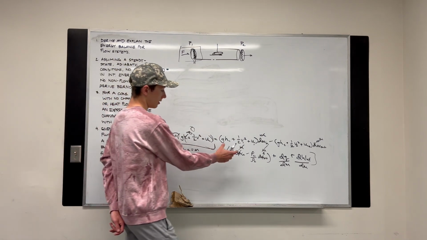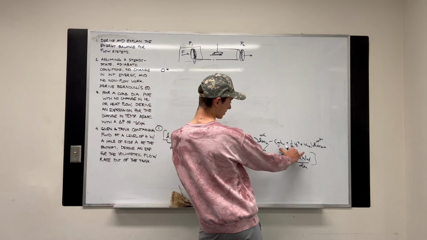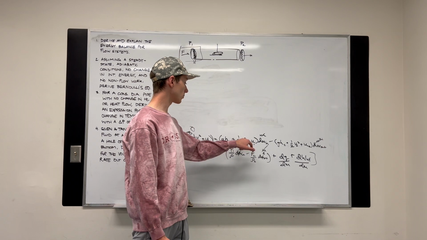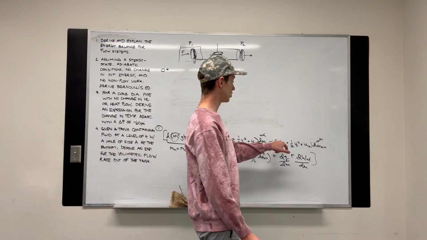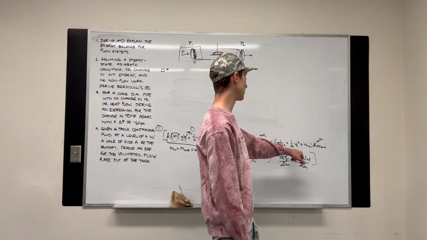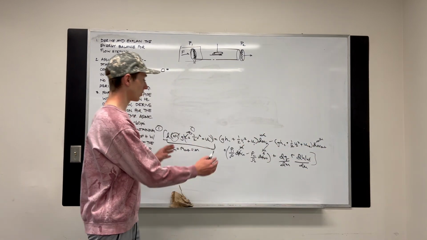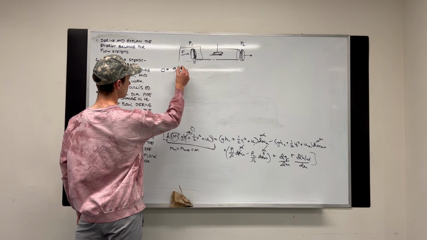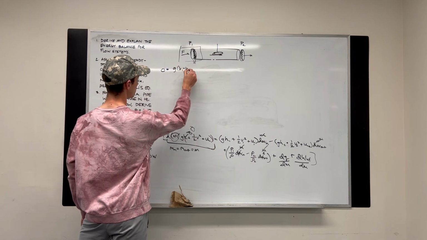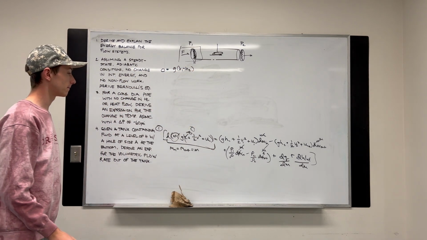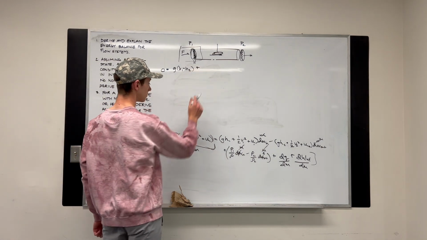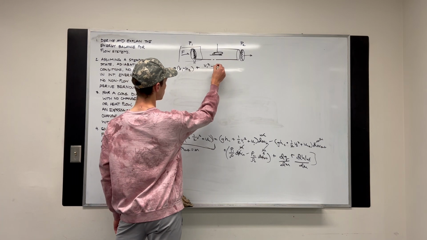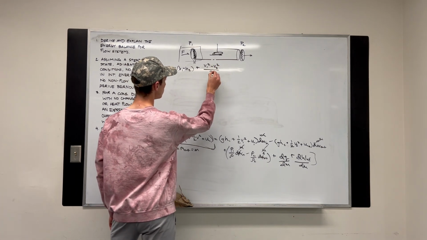These two terms, we have gh1 plus 1/2 v1 squared plus u1 minus gh2 plus 1/2 v2 squared. We can put all these terms together. We're going to get g times (h1 minus h2) plus (v1 squared minus v2 squared) over 2.